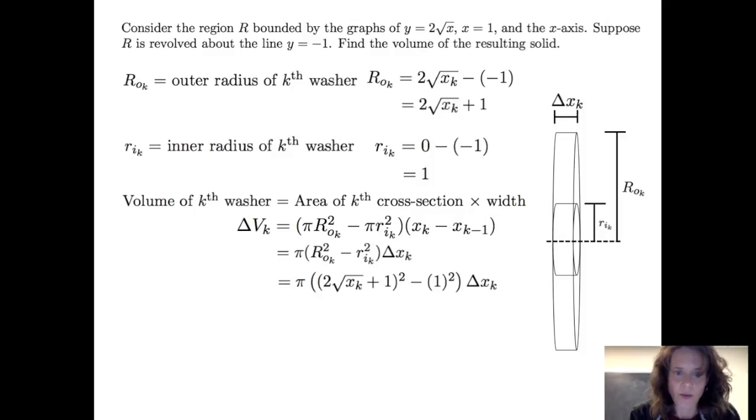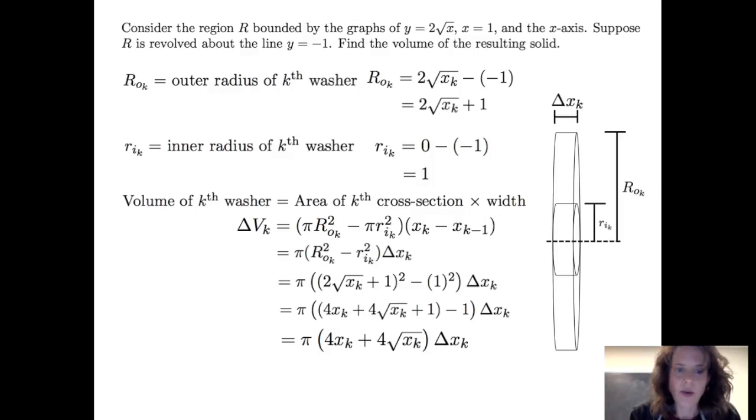So therefore the volume of the kth slice is pi times the quantity 2 times the square root of x sub k plus 1, squared, minus 1 squared, times delta x sub k. I expand and simplify, and so that kth washer has volume of pi times 4 times x sub k plus 4 times the square root of x sub k, times delta x sub k.